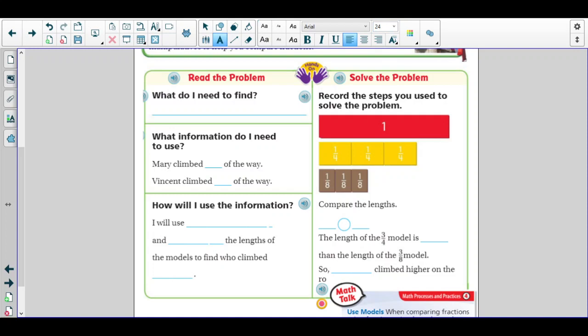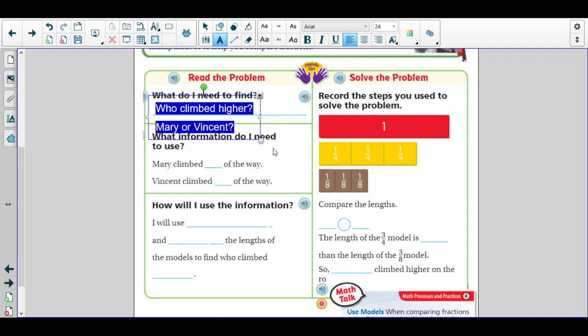What do I need to find? And that's going to be who climbed higher, Mary or Vincent. Seems easy enough.